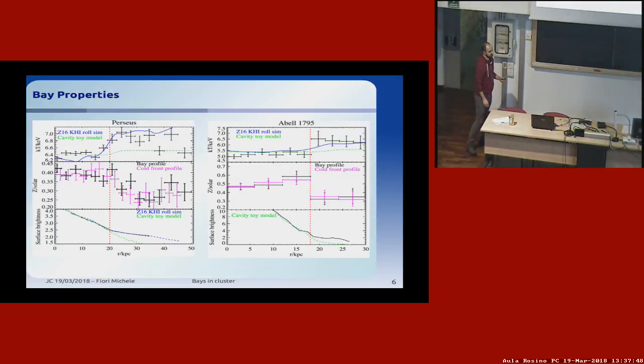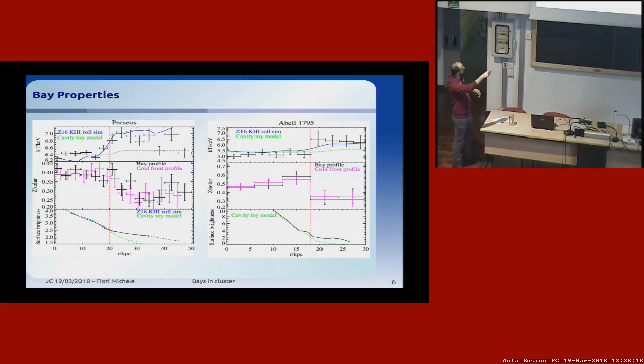So they start studying the bay properties. Here we see two of the clusters they have studied, the Perseus and the Abell. We see the behavior of the temperature, of the metallicity, and the surface brightness. Of course, the surface brightness is decreasing between the edges of this bay, as we see from the black line.